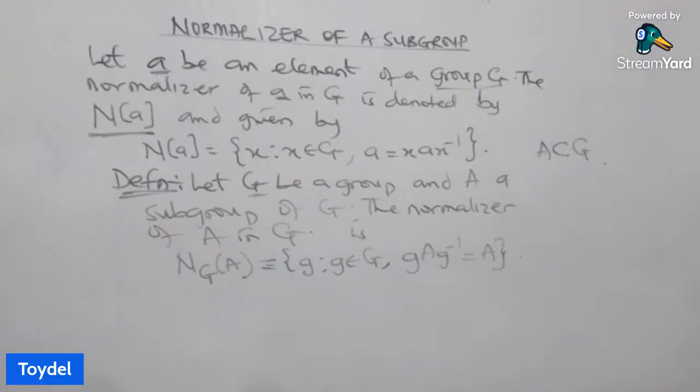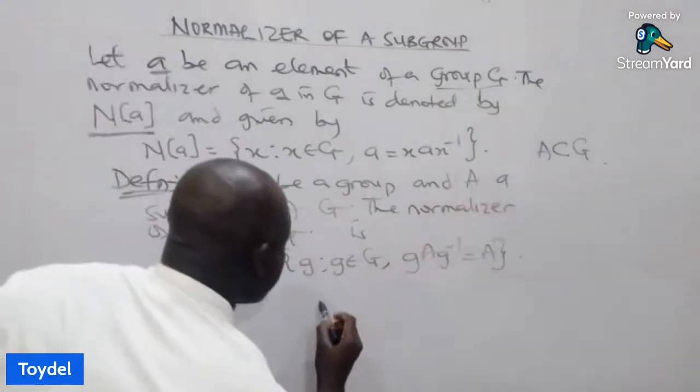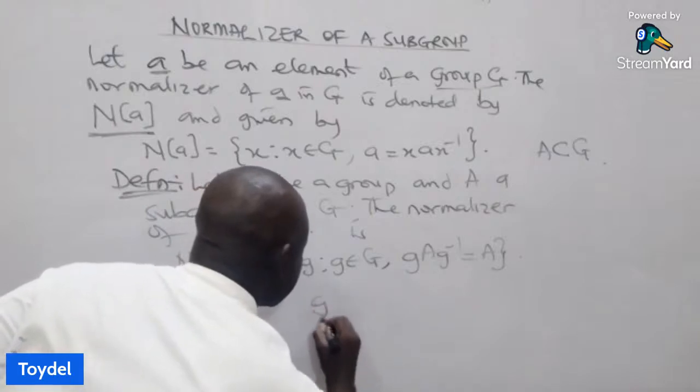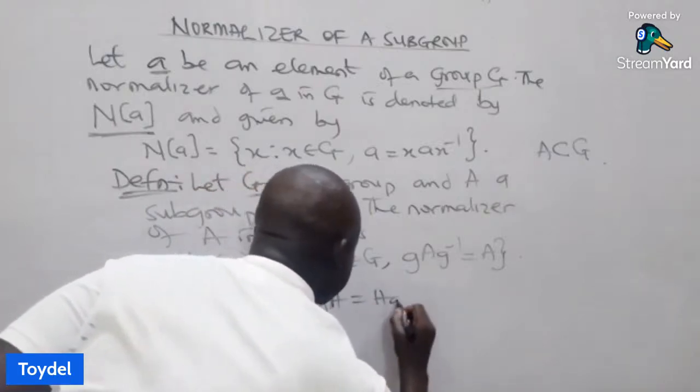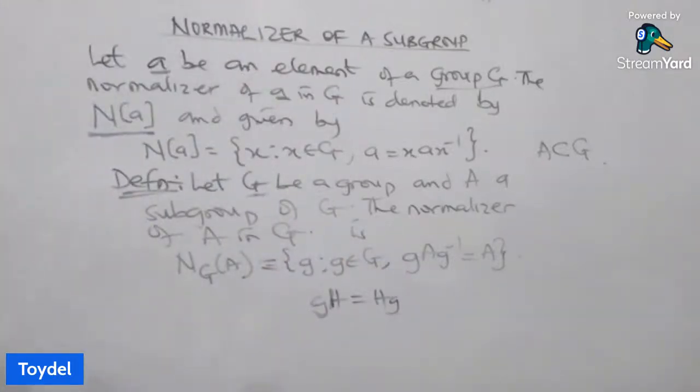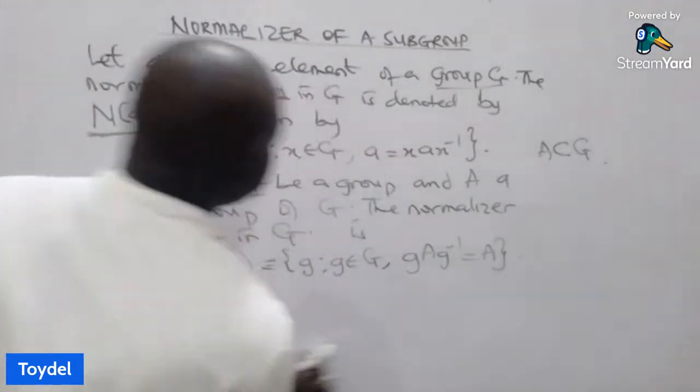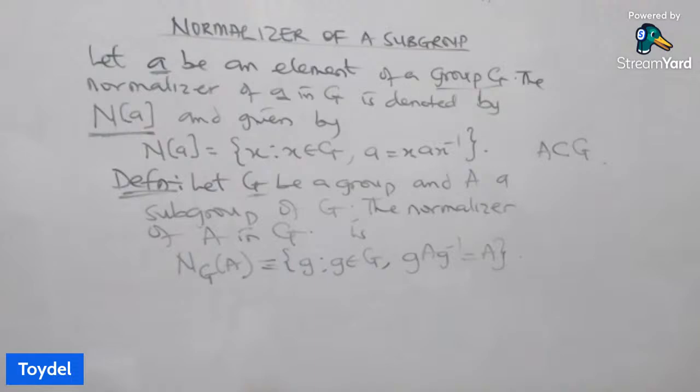A normal subgroup is when we have the left coset equal to the right coset. That's the definition of a normal subgroup. So we are talking about the normalizer now. How do we stabilize? Just like a stabilizer of a subgroup.